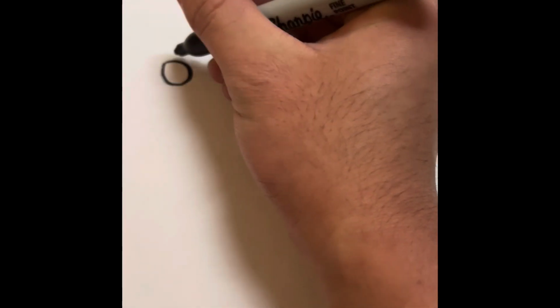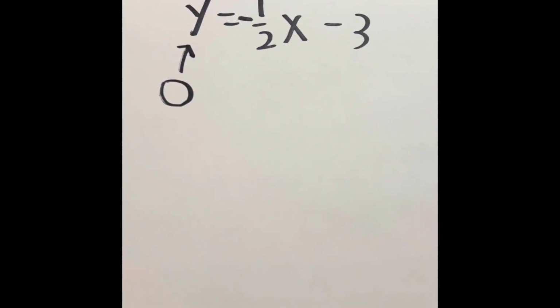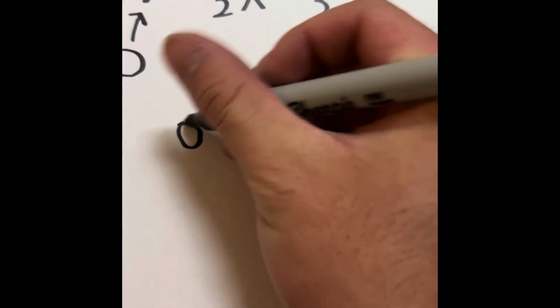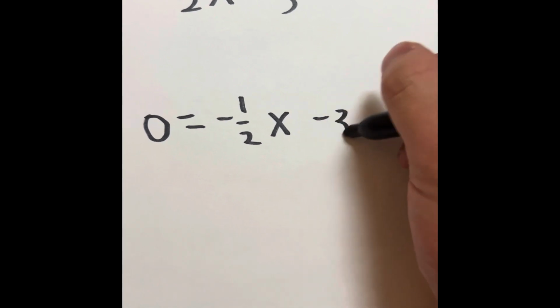So let's see what happens when we put 0 in for y to see why this works. 0 equals negative 1 over 2 x minus 3.